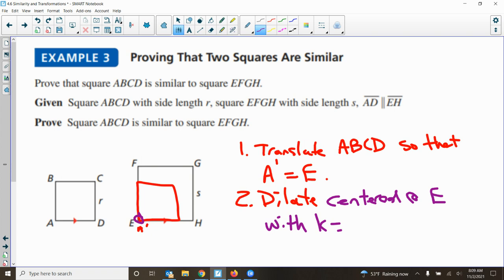Now, what does the scale factor have to be? Look at the length of the big square. Look at the length of the small square. What does my scale factor need to be? Right now, this small square only has a length of R, but I want it to have a length of S. What does K need to be to take this square with side length R to make it a square with side length of S?